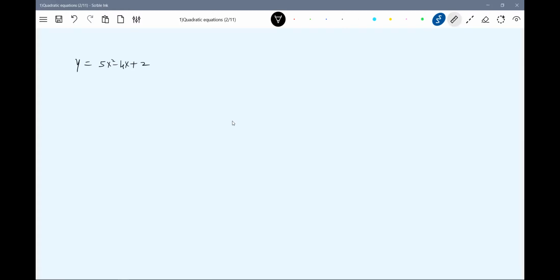So when I plot this curve, you look at the curve, it is not going to intersect the x-axis. It will have only an intersection at y equal to 2.